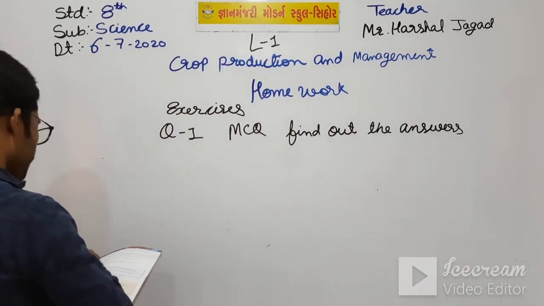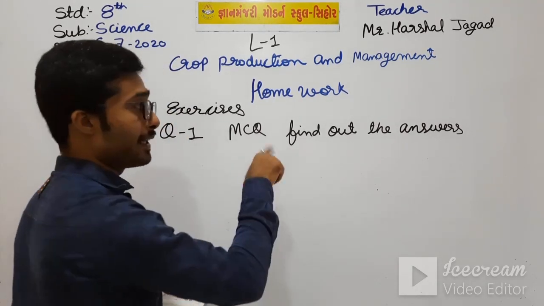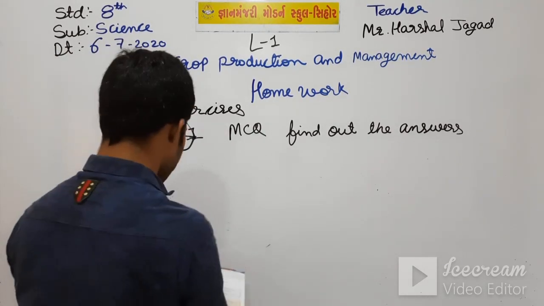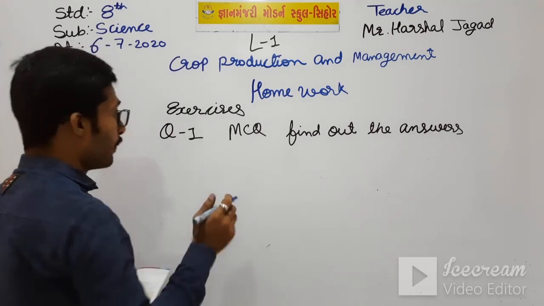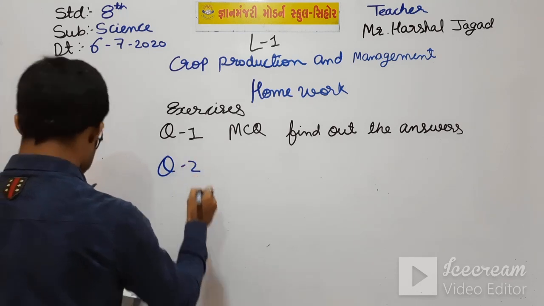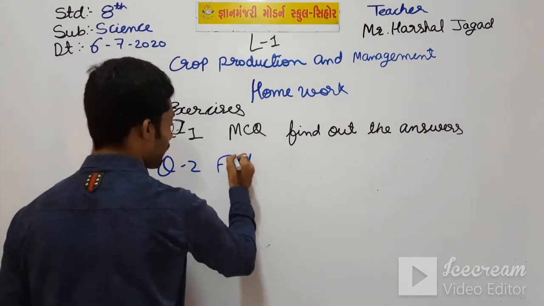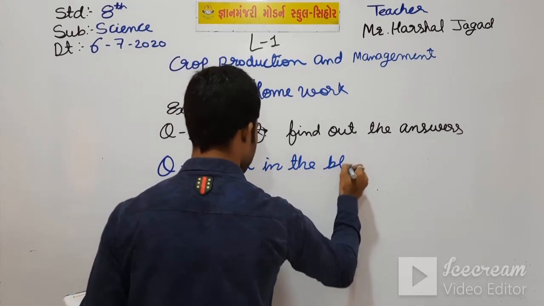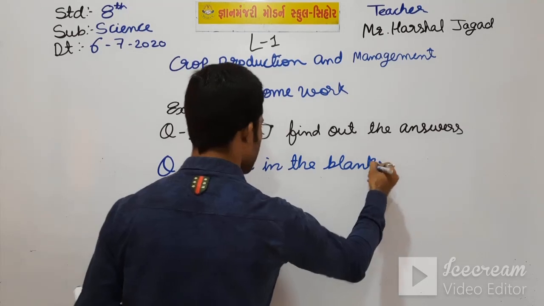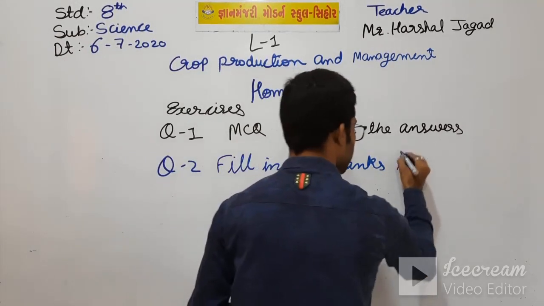You don't have to write, only tick the answers in your textbook. You don't have to click a photo in your group. Then question 2, that is fill in the blanks. In this also you have to find out the answers.